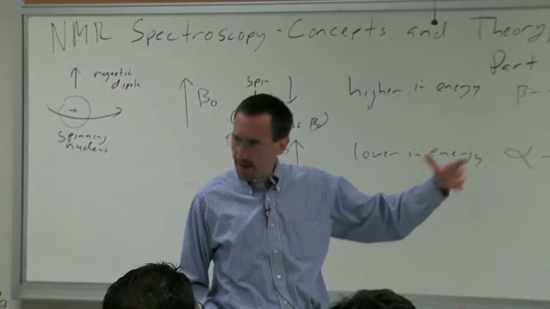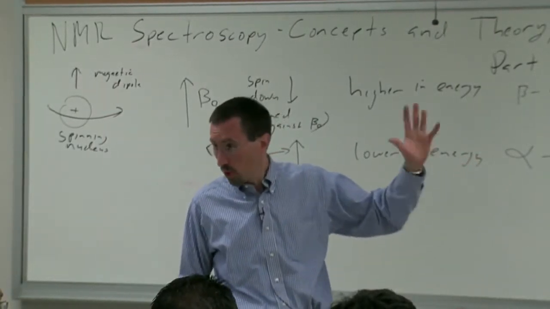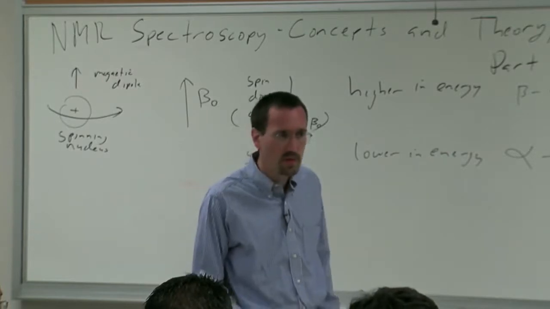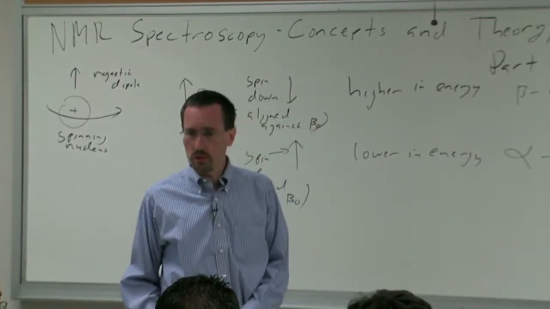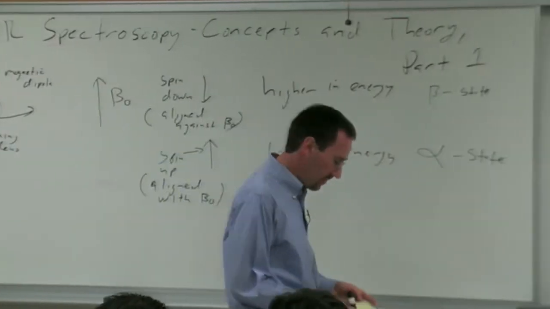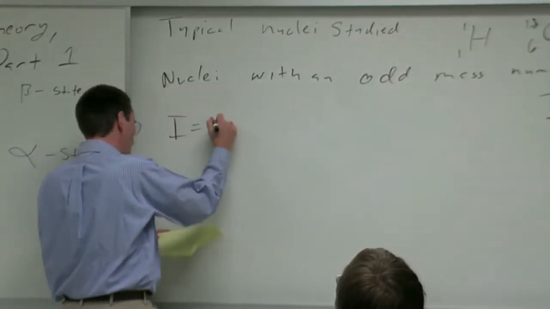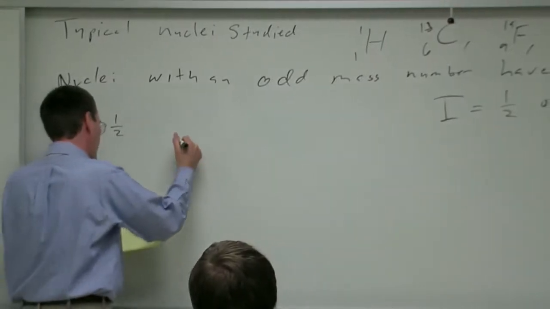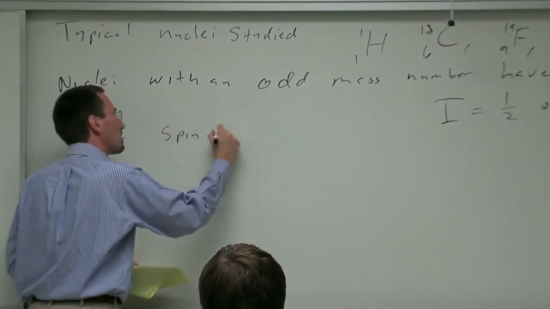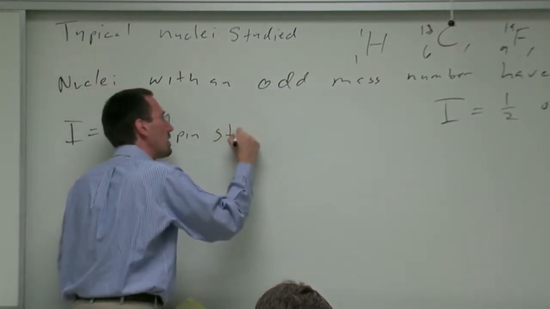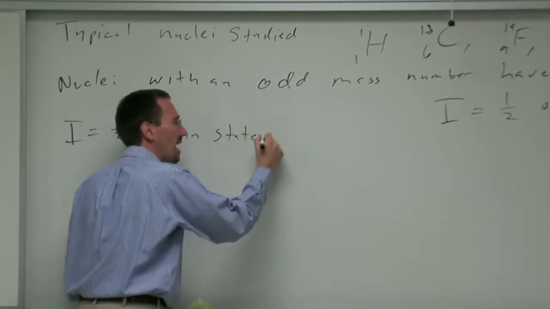If you have 3/2 or 5/2 or 1, as we'll see in just a moment, you have what's called the nuclear quadrupole, and then those tend to be harder. So all the ones here of I equals 1/2 have spin states. So we have the quantum number and then the two spin states they can have.